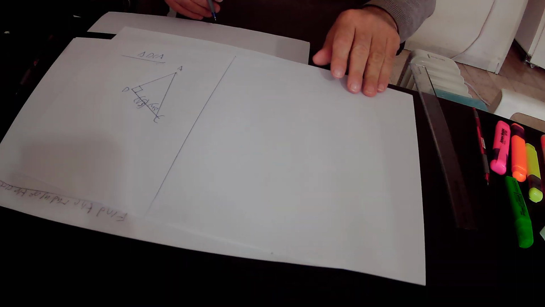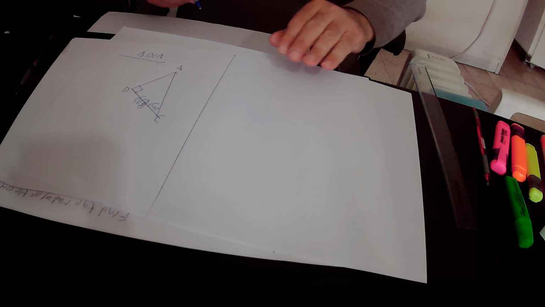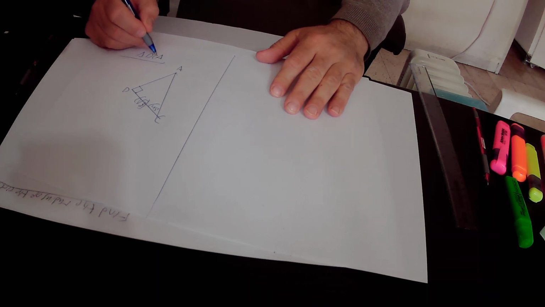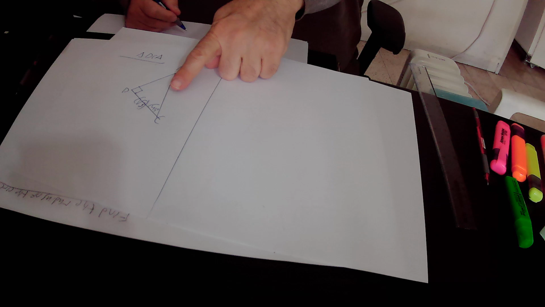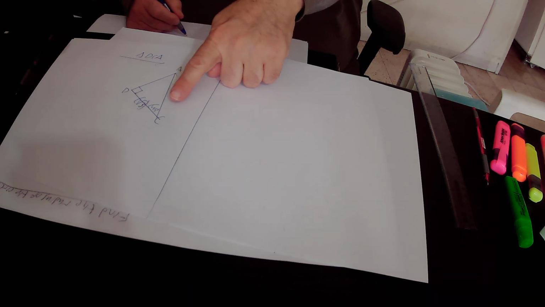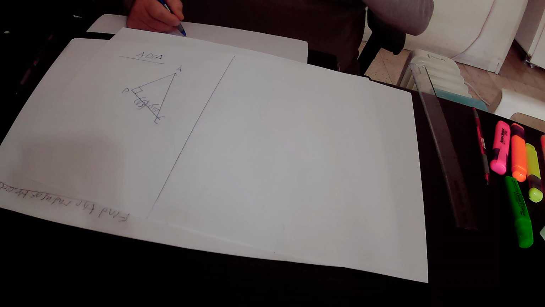So this is the right triangle DCA that I copied from the original drawing. This is the missing angle that we found, equal to 45 degrees. And we have already found that this side equals the square root of 3 units.